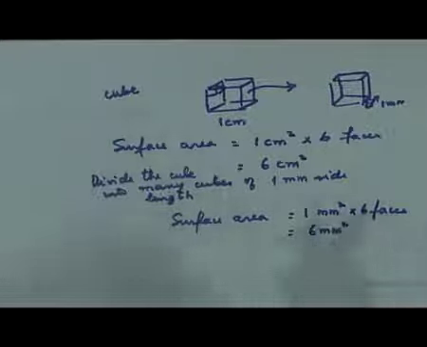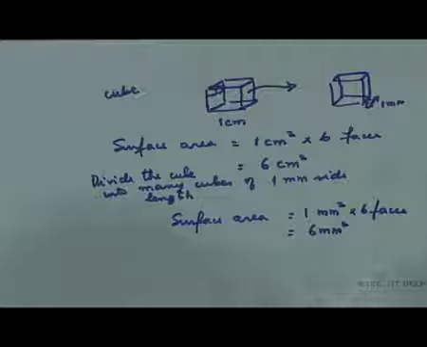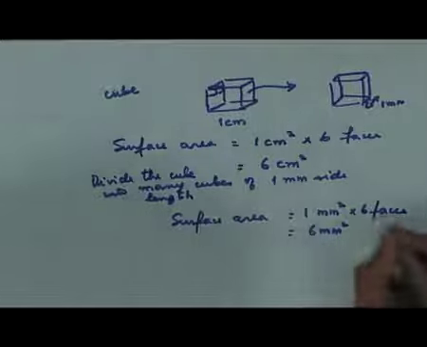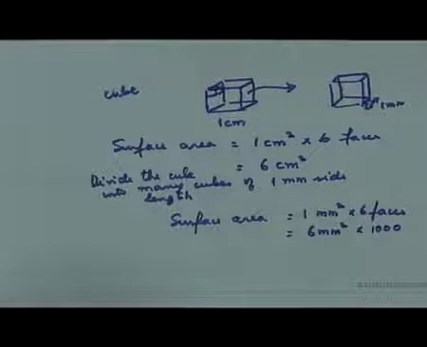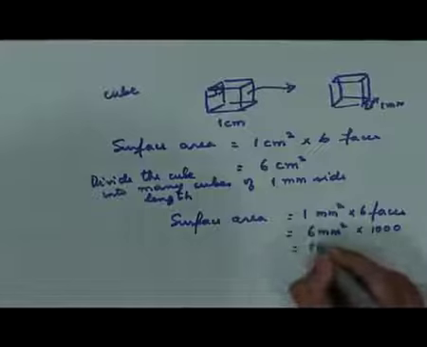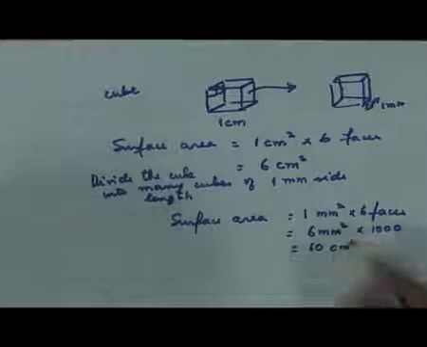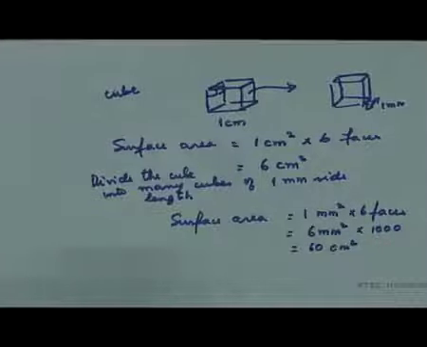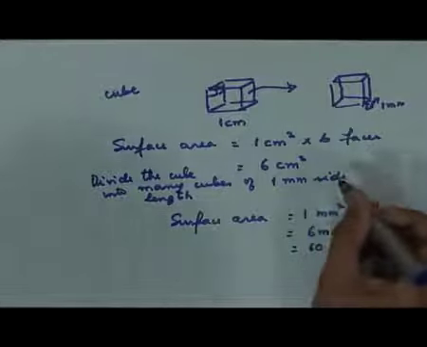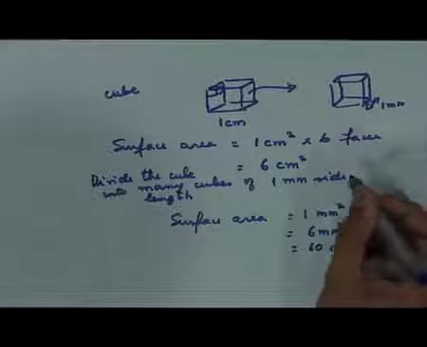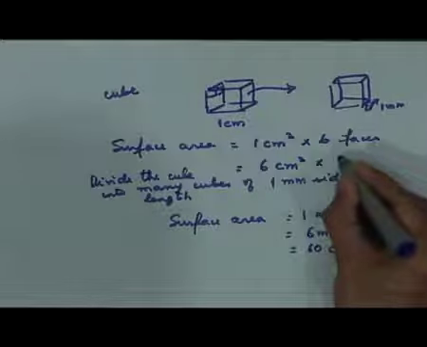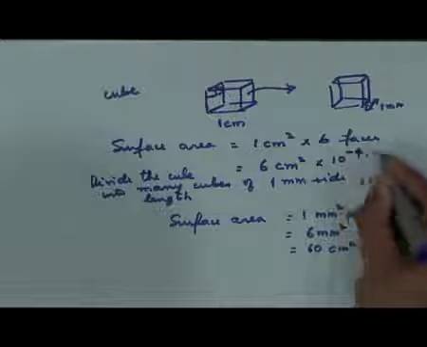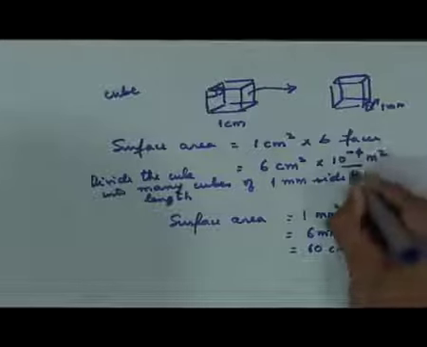It appears that the surface area is smaller, but I have 1000 such cubes. So, the total surface area, if you thought about it, is 60 cm square. And if you want to do it consistently in units in the MKS or the SI system, this is 6 centimeters square into 10 to the minus 4 meters square per cm square.